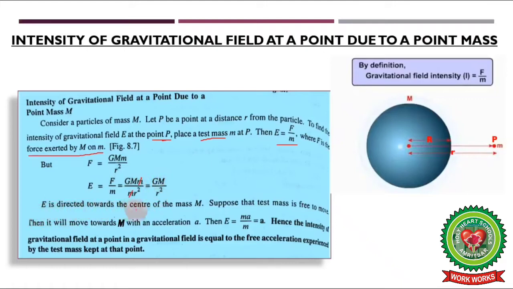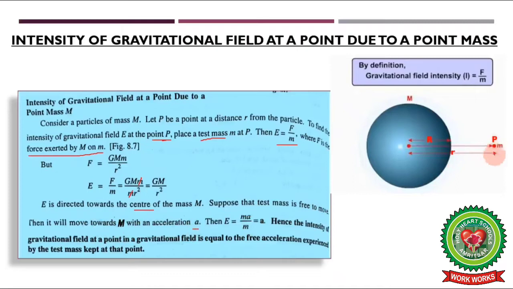Now E is directed towards the center of mass M. So this intensity makes this body attract towards its center. Suppose that the test mass is free to move, then it will move towards capital M with an acceleration of a.